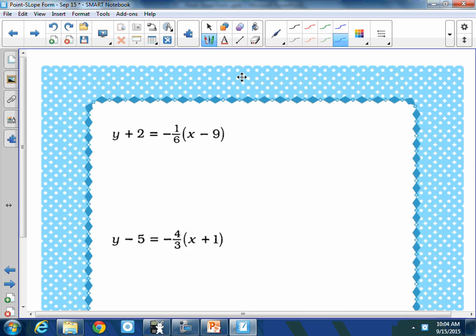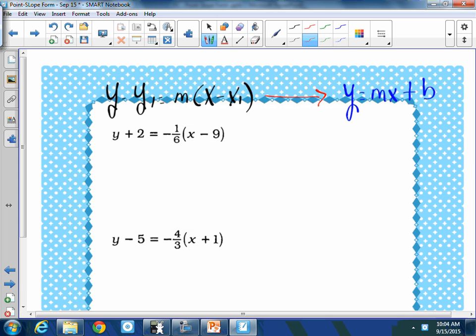Right now it is in slope-point form, and I want to change it to slope-intercept. So I'm going to solve this equation. That's all I'm doing over here.